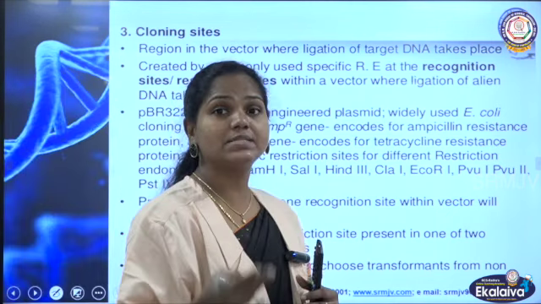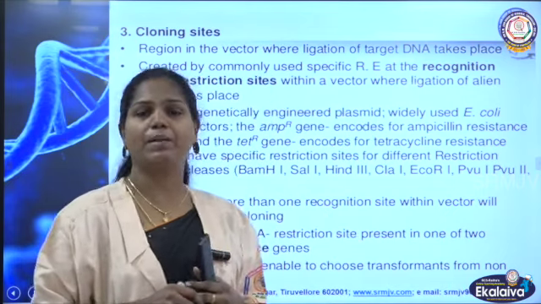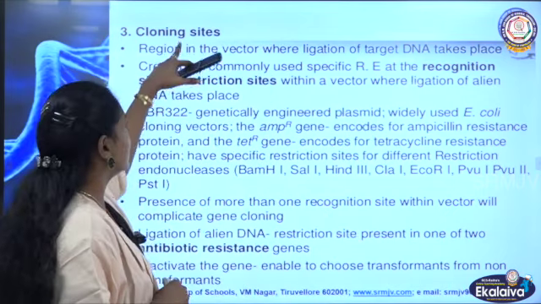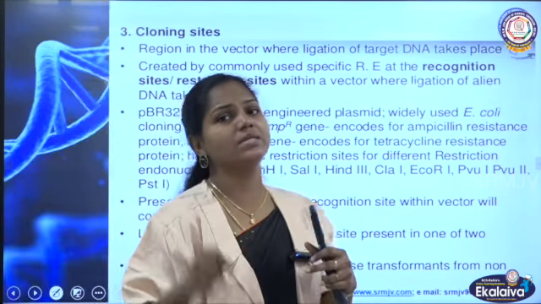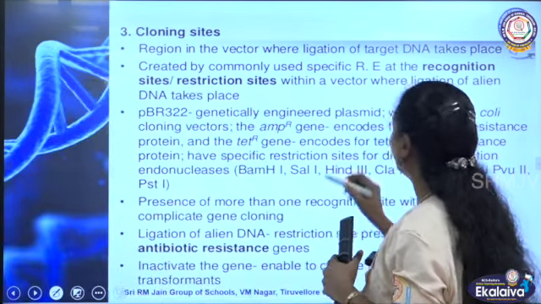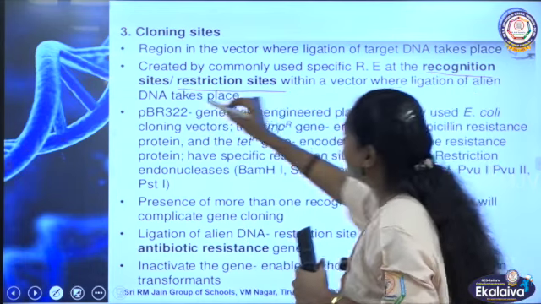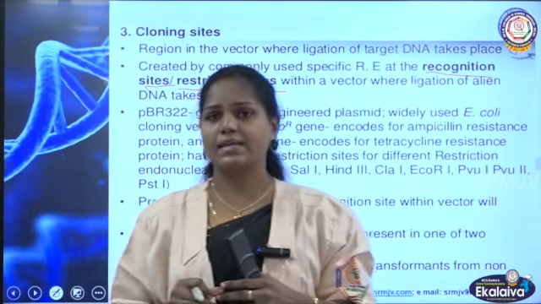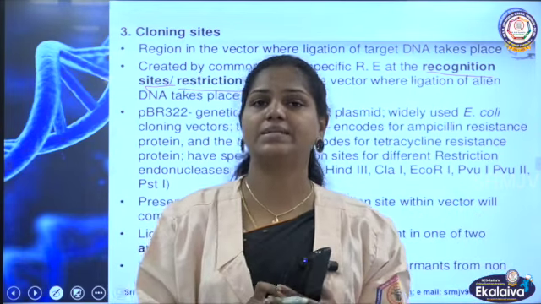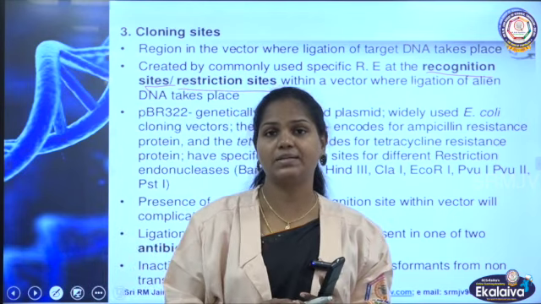The next important part of pBR322 or any other plasmid is our cloning sites. What is a cloning site? Cloning sites can otherwise be called restriction sites or recognition sites. Restriction site means the site where our restriction enzyme is going to cut the DNA.